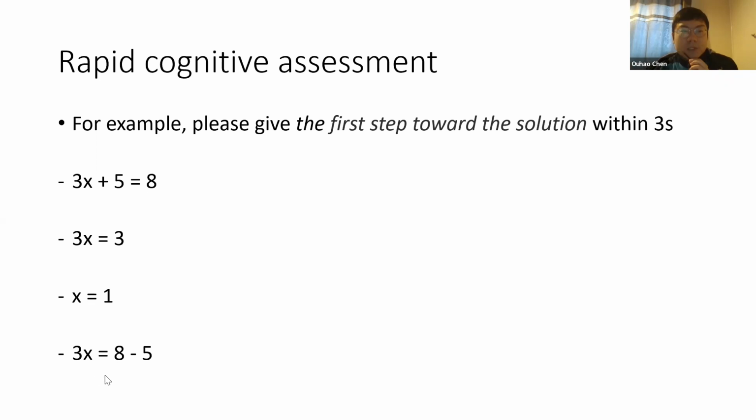But when the student shows 3x equals 8 minus 5, this student has a lower expertise in solving this equation. So when we use this type of assessment, we can categorize students into different levels of expertise.